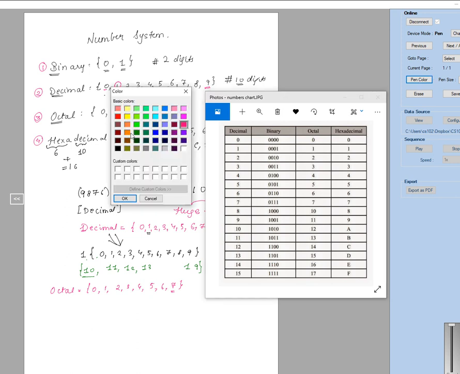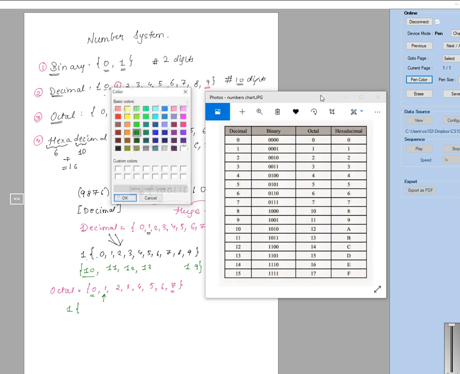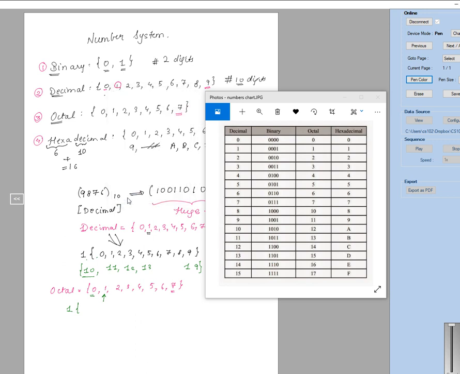So let's change the pen color. You start with 0 and say this is like 0 0, 0 1, 0 2, 0 3, 0 4 up to 0 7, right? Anything before, I mean, if 0 is before a number, it makes no sense. So now you start with 1, you pick the first number, right? You pick the first number and then keep all the strings as they are.